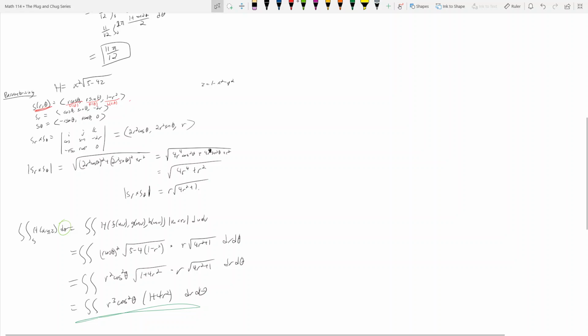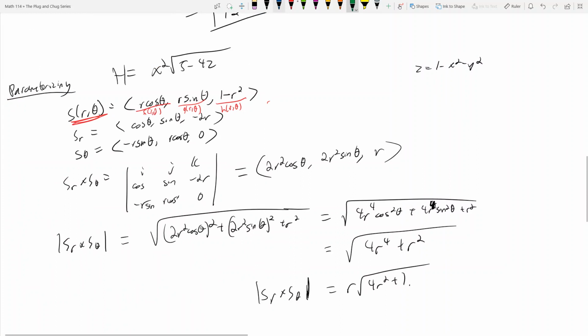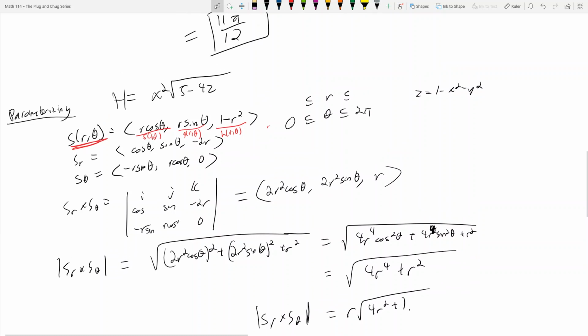Actually, let me go back and say something about the bounds here, because when you parameterize this guy, you really want to give the bounds. So when you parameterize s, then you want to say r is between something, and theta is between something. Theta is between 0 and 2 pi because there are no constraints in the xy plane. And then what is r in between? Well, I know that z has to be greater than or equal to 0 as well, so r can at most be 1.